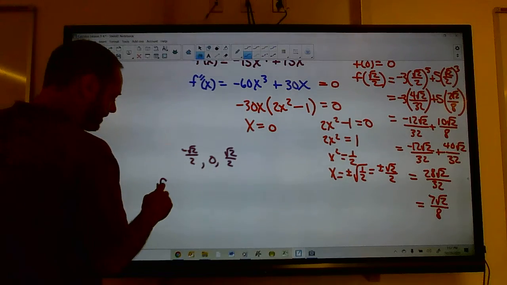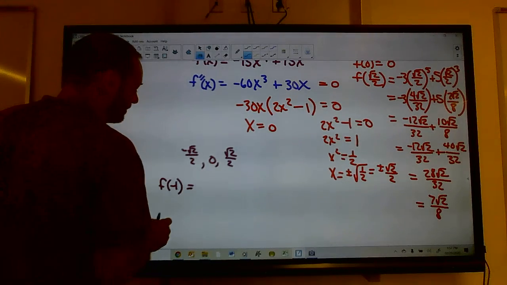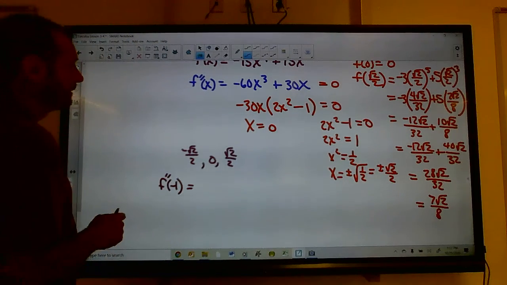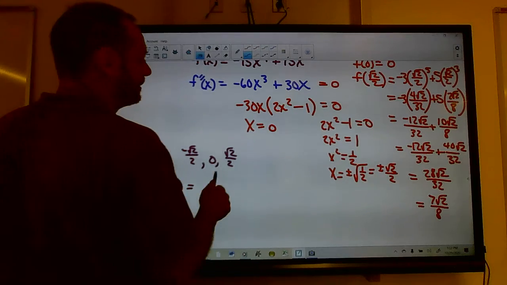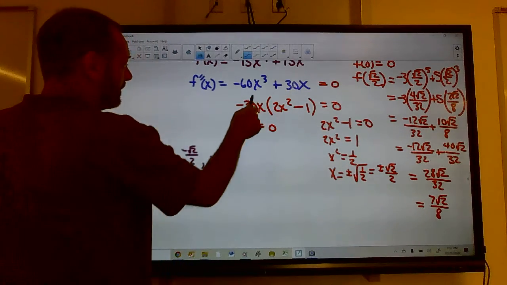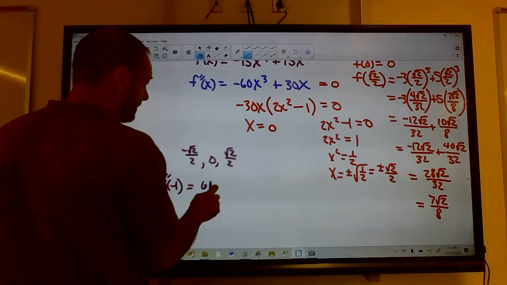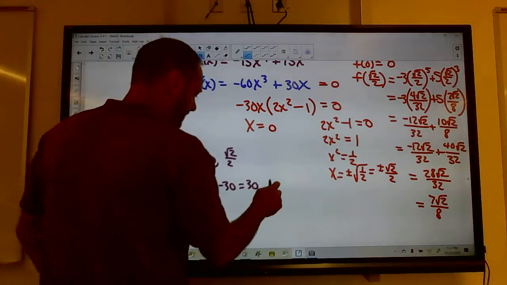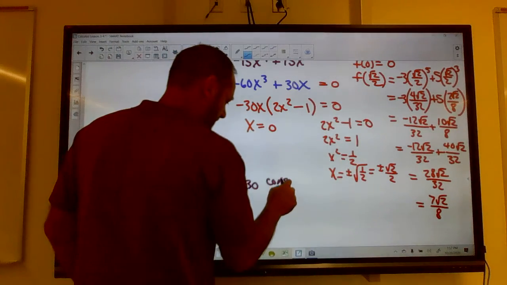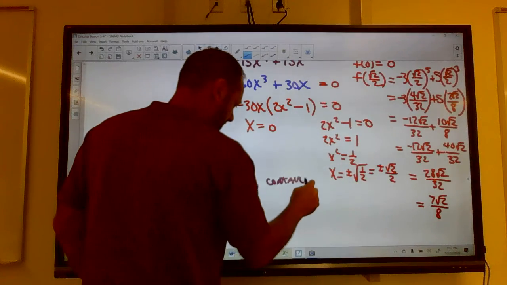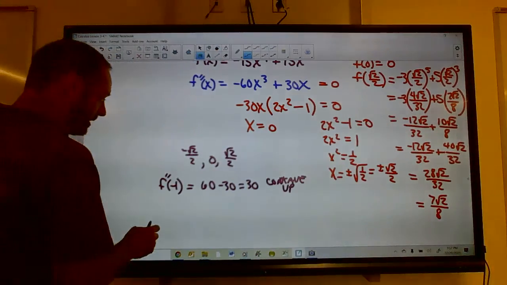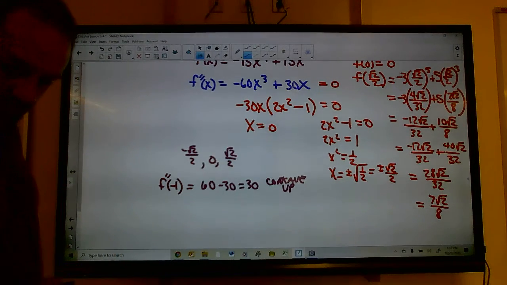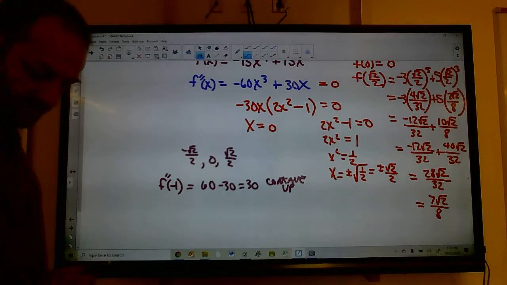Actually, I could test -1. F of -1. I'm sorry, F double prime of -1. This would be 60 minus 30, which is 30. That's concave up. And at 0, F double prime is 0.